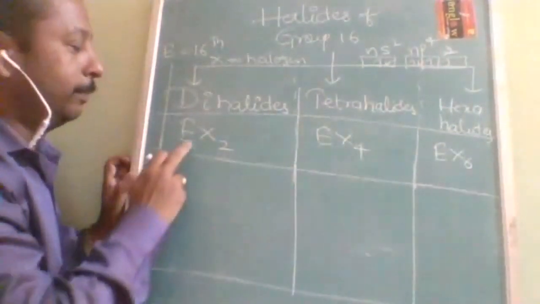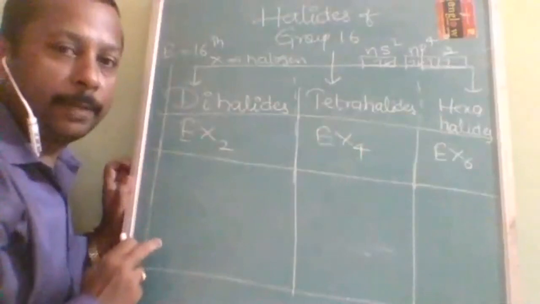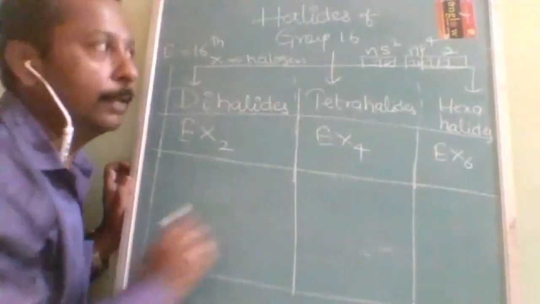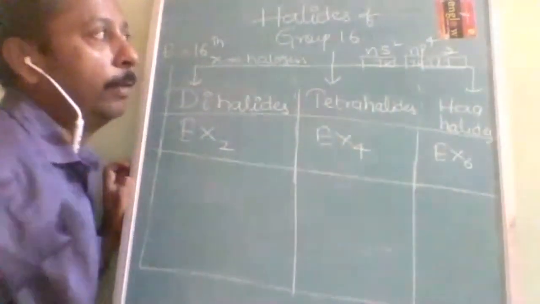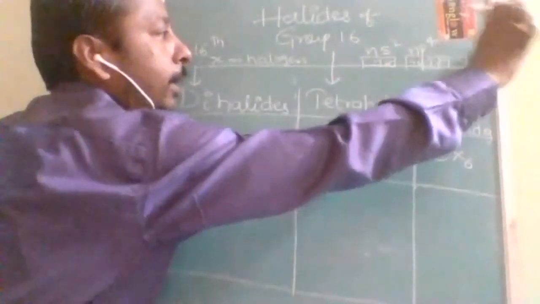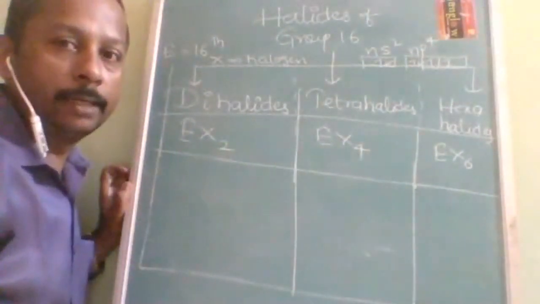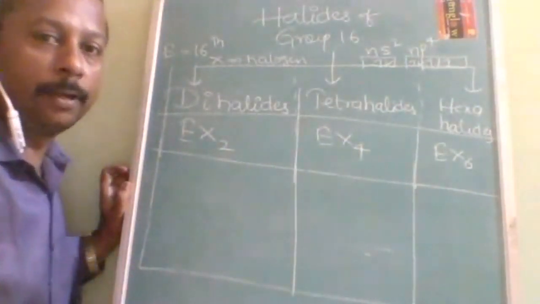Now to form EX2, how many unpaired electrons are required? Only two unpaired electrons are required, and two are already available. That means it is not required to excite any electrons. Directly it will participate in bond formation.